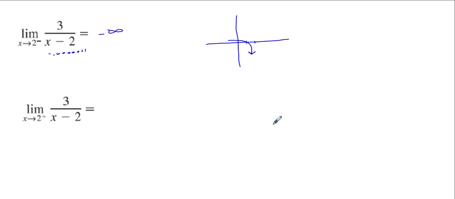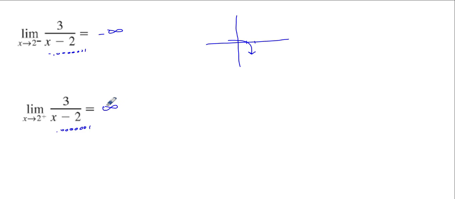Obviously it's going to look a little bit different than this. I'm just drawing a quick sketch. Now what's happening as we approach 2 from the right? That means we're substituting in numbers just a little bit bigger than 2, so 2.00000001. If I subtract 2 from that, I get 0.00000001. What's 2 divided by a really small positive number?